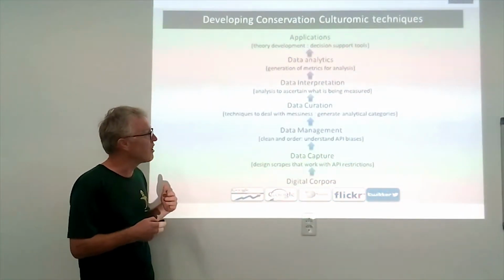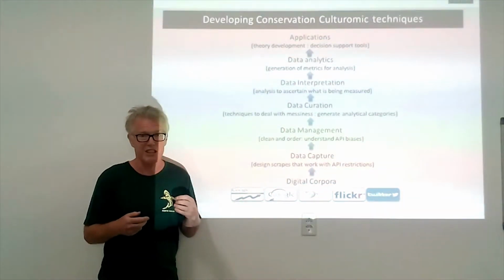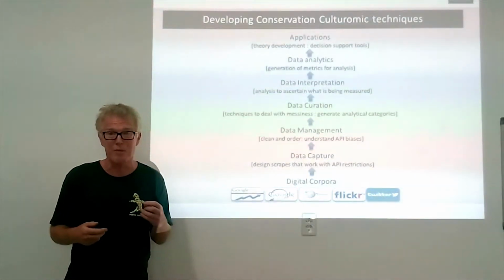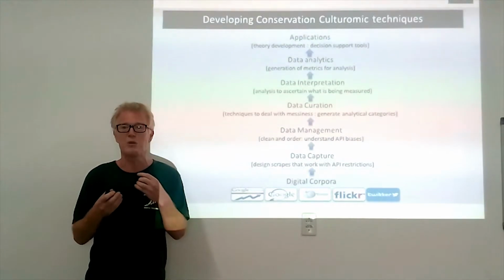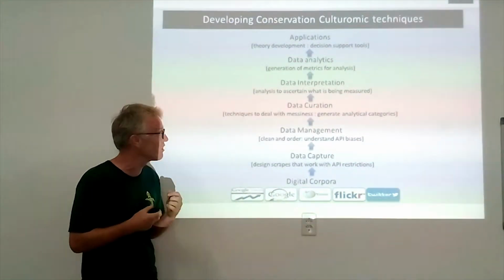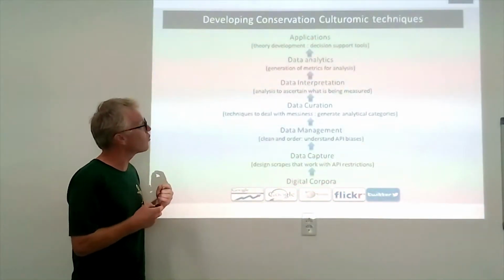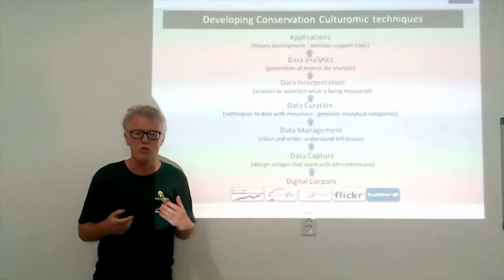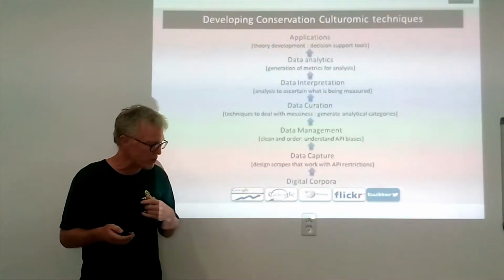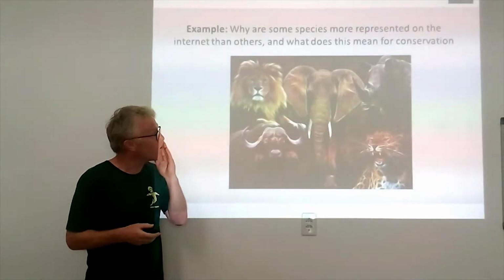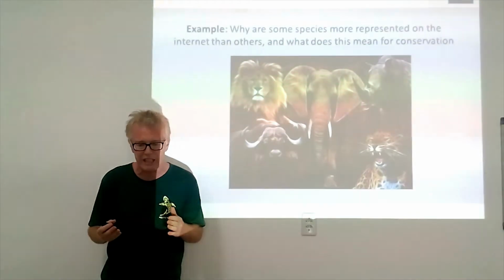You then need to curate the data and interpret what the data actually means, and this really is quite problematic because you have to create models to explain the cultural changes or the cultural trends you're witnessing. And then, of course, you're trying to develop useful metrics that we can go out and use for practical conservation purposes.